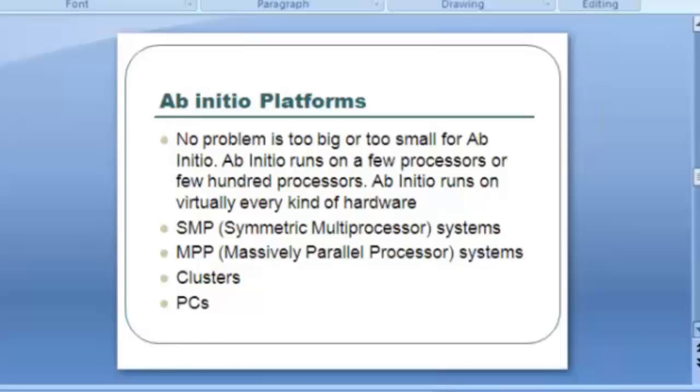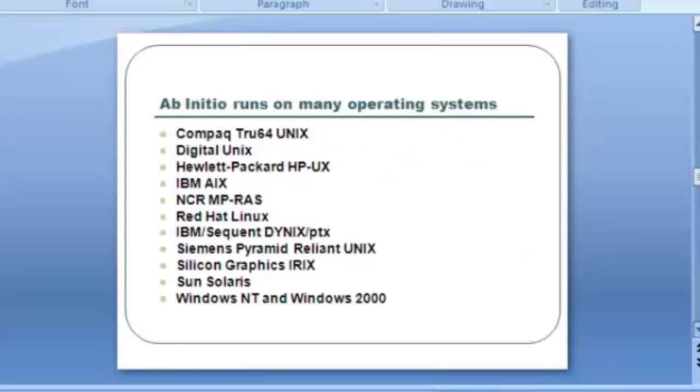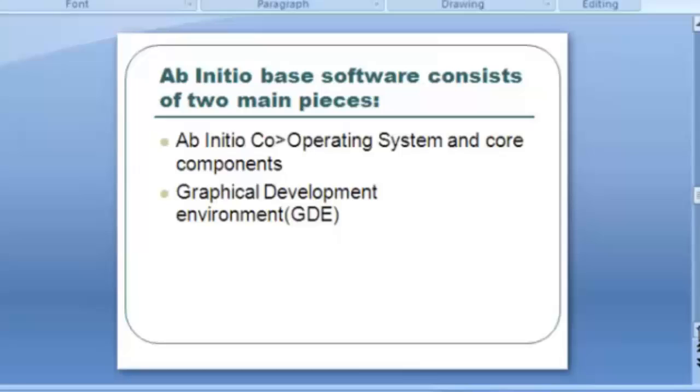So now comes the various operating systems: Unix as well as Windows as well as mainframe. These are the operating systems where Ab Initio runs. And these are the important things in the Ab Initio structure.